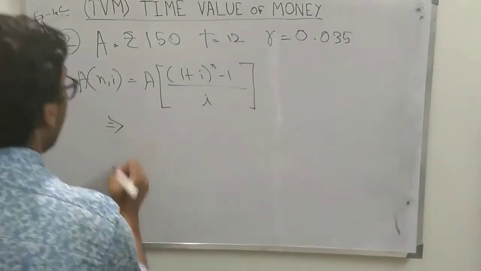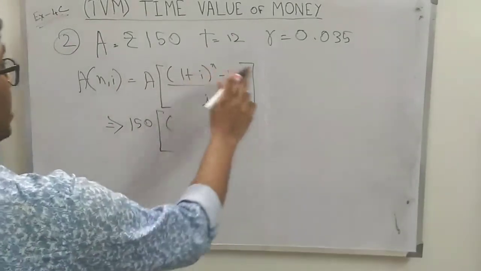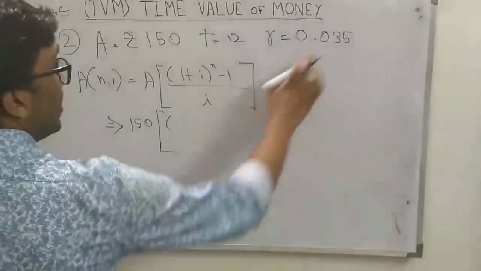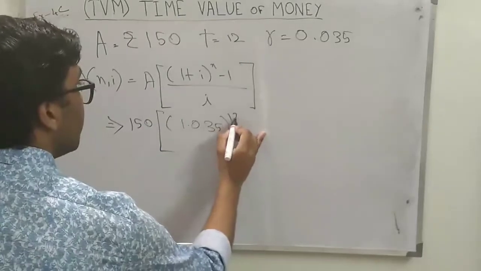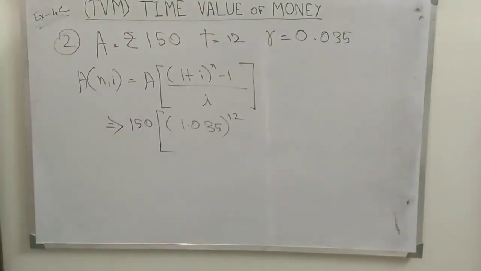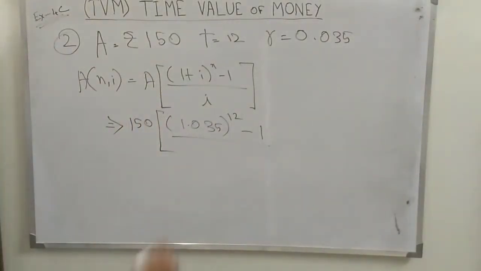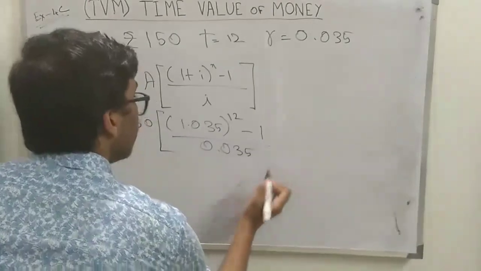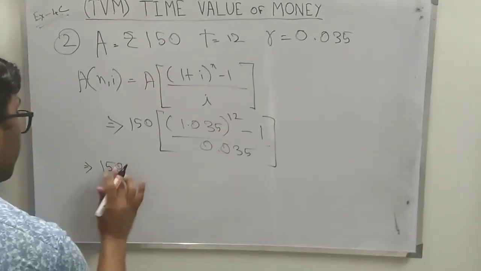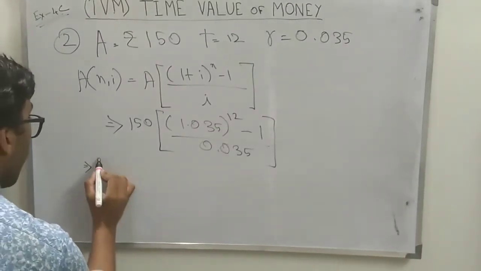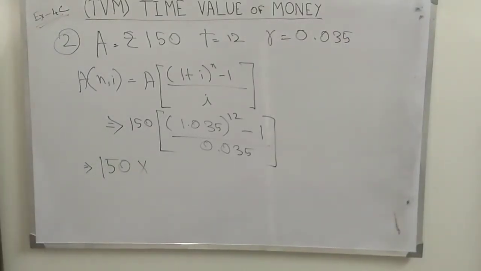Now as per the formula, A is 150, 1 plus I is 1.035 to the power n, that means to the power 12 because n is not given, minus 1 whole divided by I, that means 0.035. Now if we solve this, we get 150 into 1.035 to the power 12.